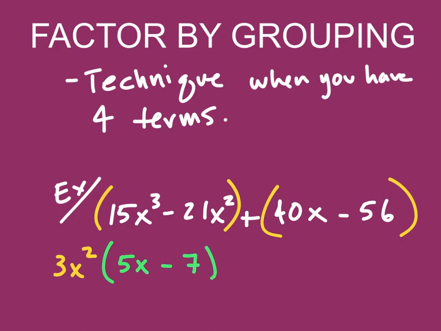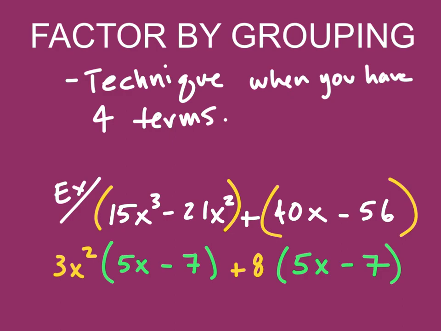Then we repeat that process over here. Looking at 40x and negative 56, I have a common factor of 8, so I'm going to do a plus 8, and you're left with 5x minus 7.